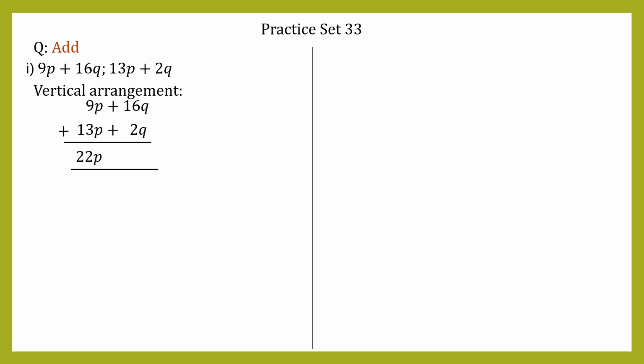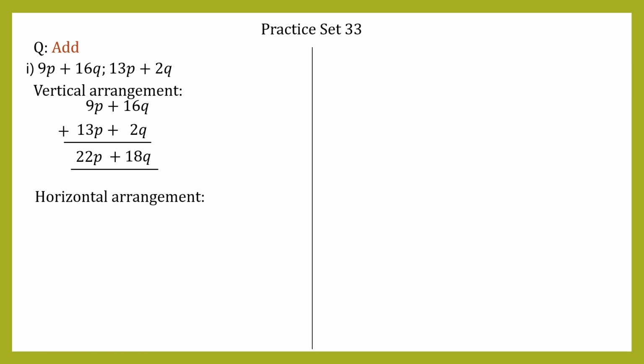Dear children, note, while adding, we are not going to add the variables. So p will remain p. 16q plus 2q will be 18q. That is 16 plus 2 is 18. Variable will not be added. It will remain same.